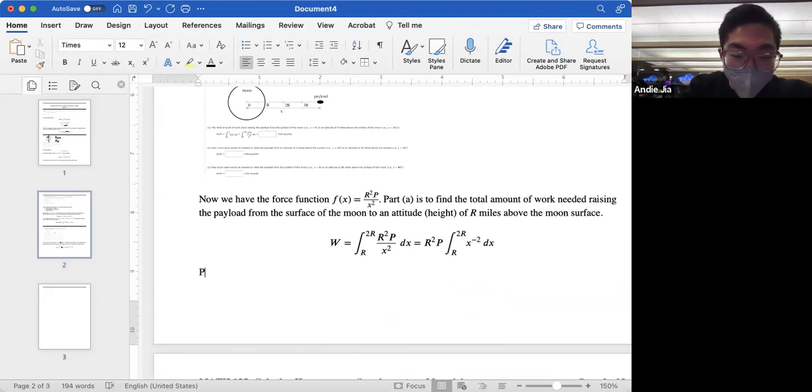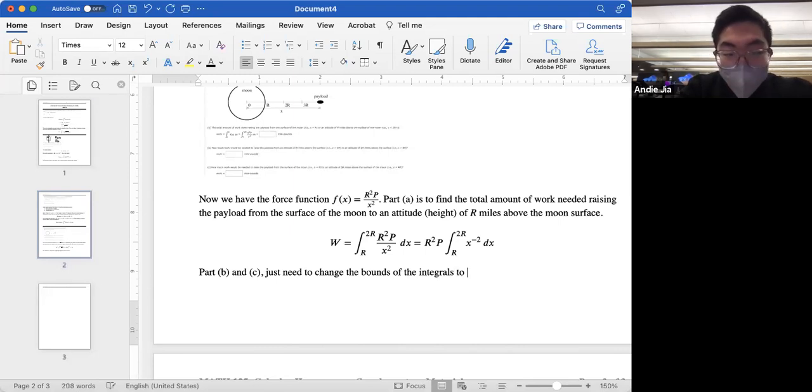And for parts B and C, you just need to change the bound of the integral.